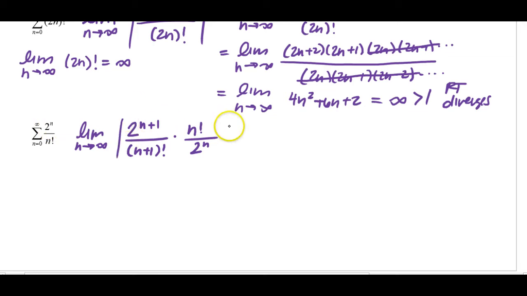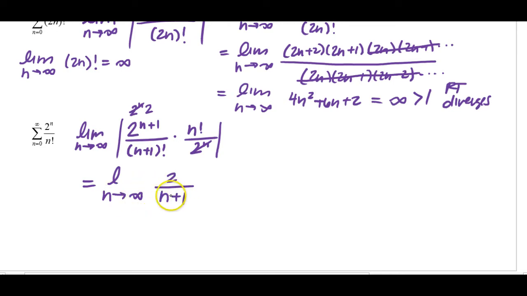So this would technically be in my absolute value bars. So now, how this is going to simplify, the limit as n approaches infinity, well, 2 to the n plus 1, that's 2 to the n times 2. So the 2 to the n's will cancel. So in the numerator, all I have left is a 2 from these two parts. And now n factorial over n plus 1 factorial, well, we decided that the only thing left over was going to be an n plus 1, and that's going to happen in the denominator.